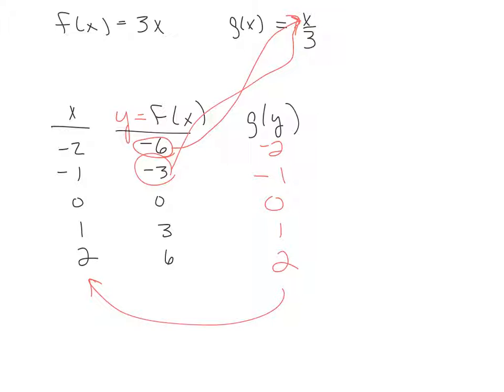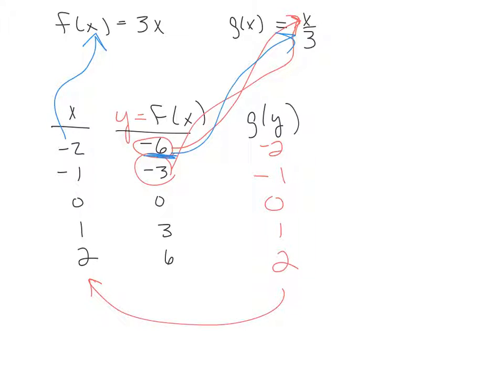So when I evaluate the function f on a value of x, I get f of x, which I'll call y. Then I can take that and evaluate it and find the inverse. Reverse the operation. This works on everything, right?